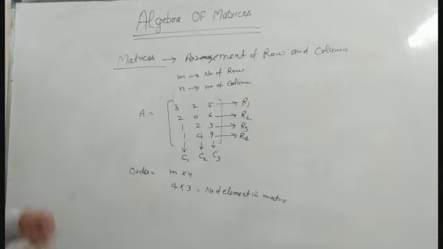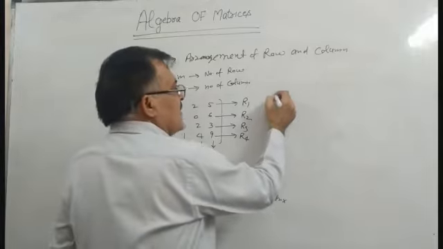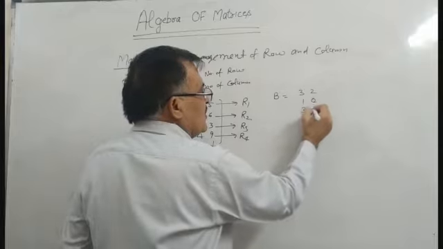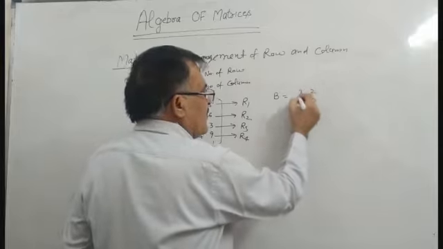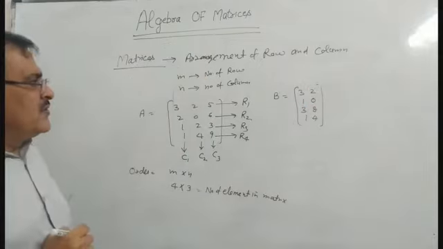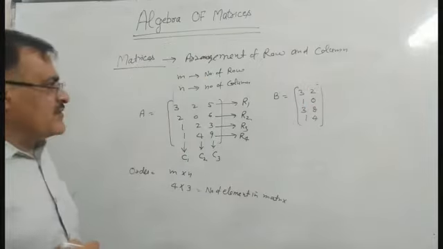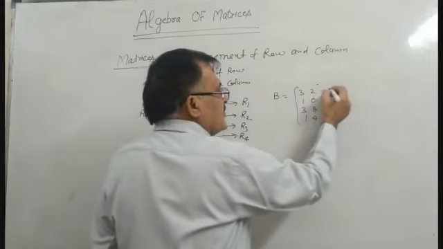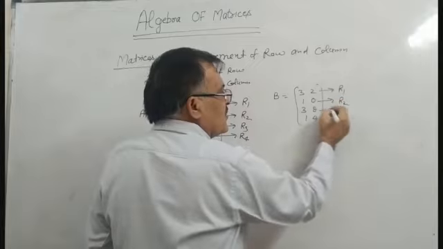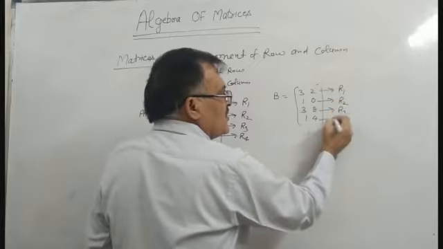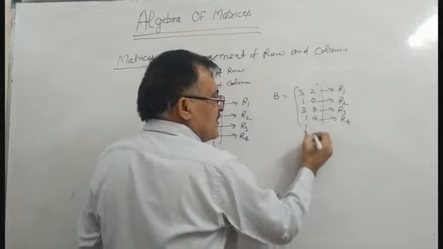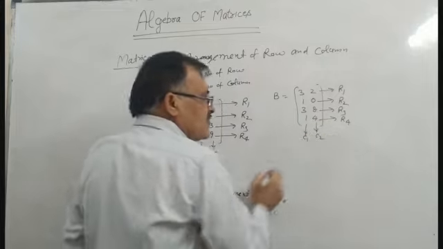We take another example. I write here B = 3 2 1 0 3 8 1 4. This is another shape of matrix, in which this is row R1, this is R2, this is the third row, this is the fourth row, and the columns are C1 and C2.